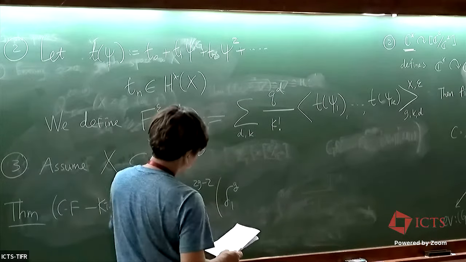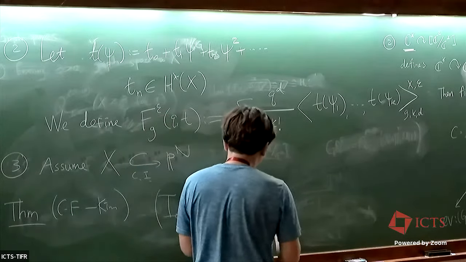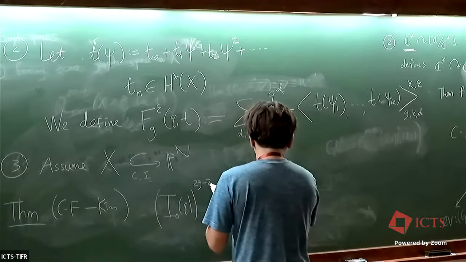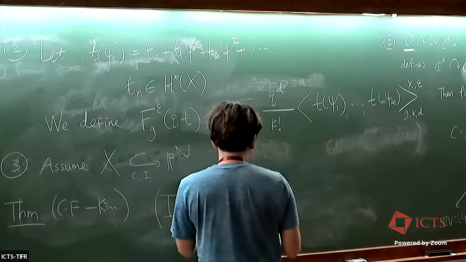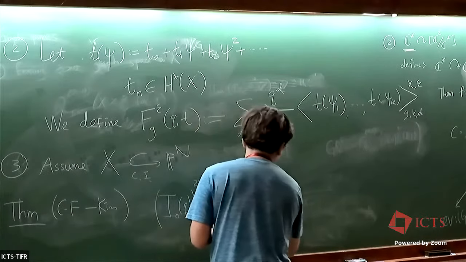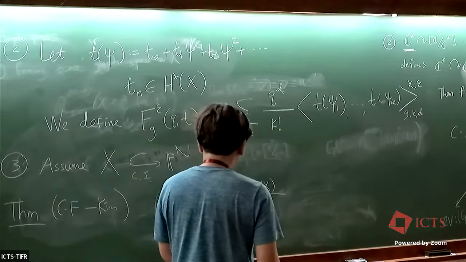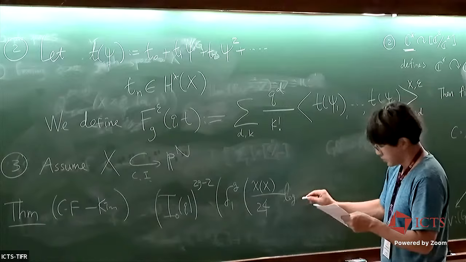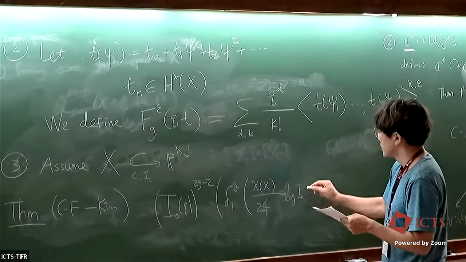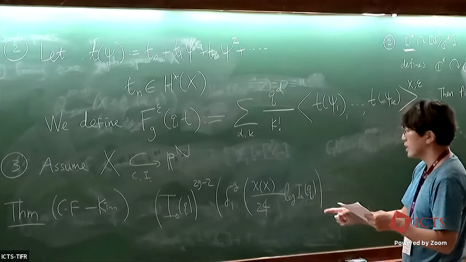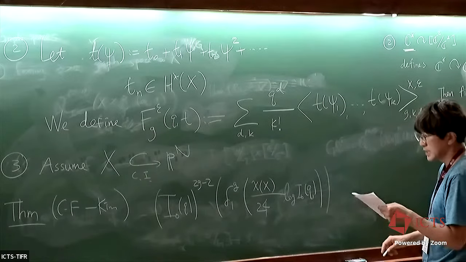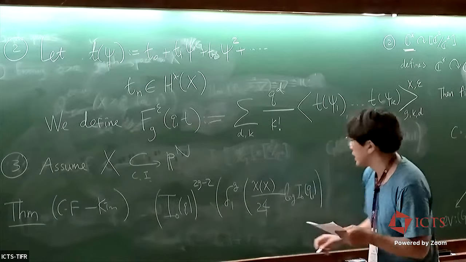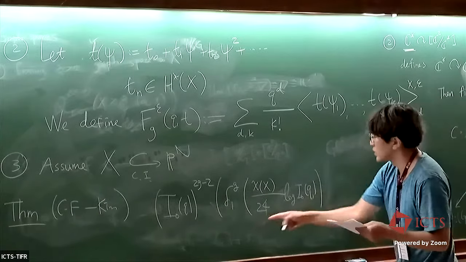This vector is only needed in the genus 1 case because it's called the dilaton shift. And this is the topological Euler characteristic of X, and we need the 24 here, and log I0. So we need this correction in genus 1. Sorry, this is a correction for all cases, and this is only for genus 1.